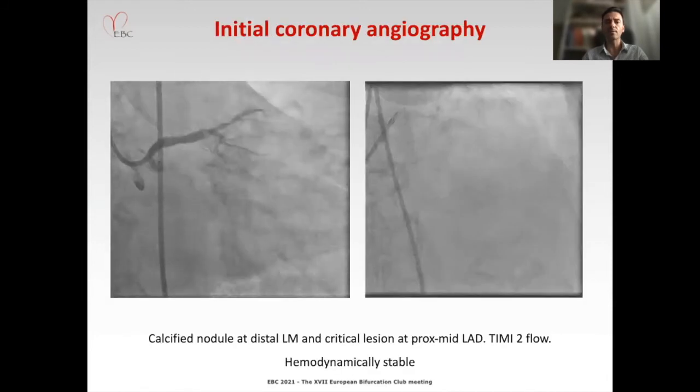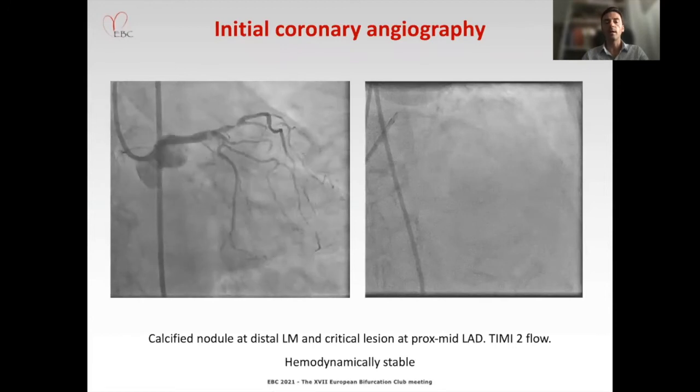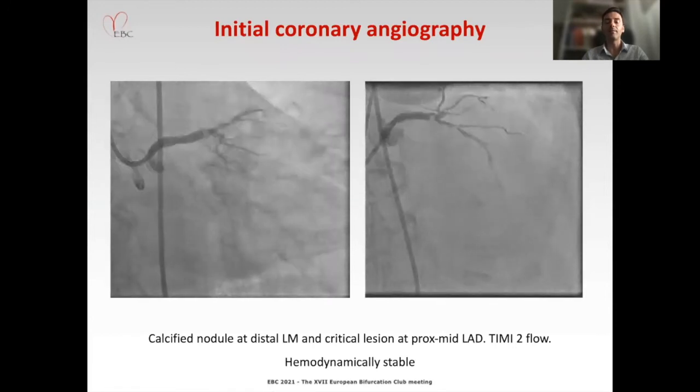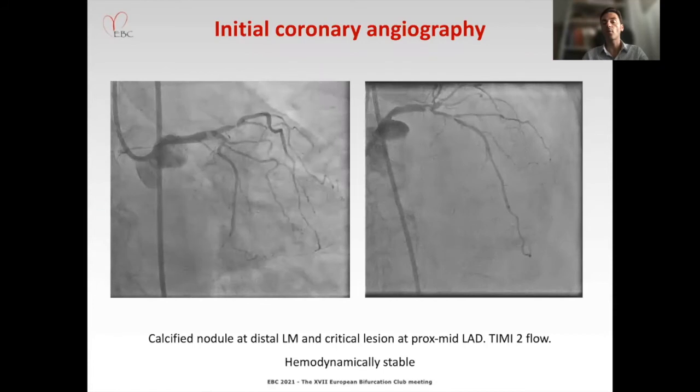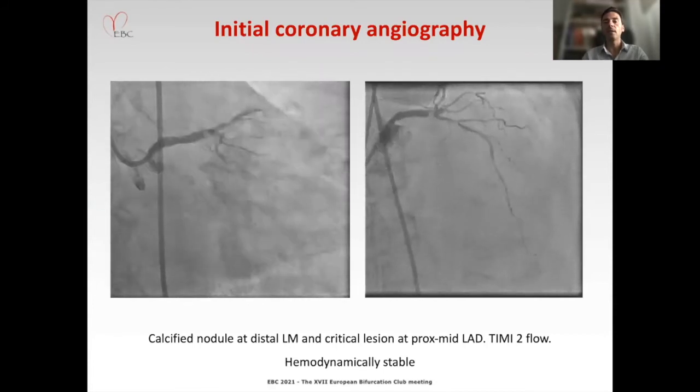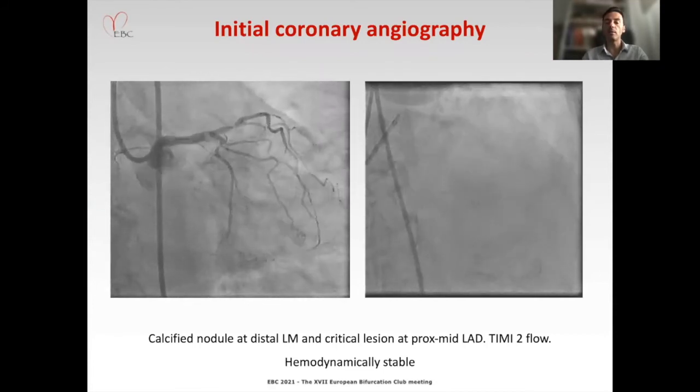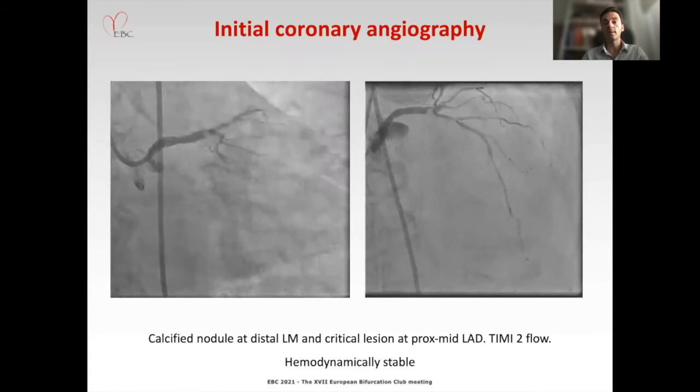This is the first angiography with a calcified nodular distal left main and a critical lesion at proximal mid LAD that produced a TIMI 2 flow. The patient was stable at this point.